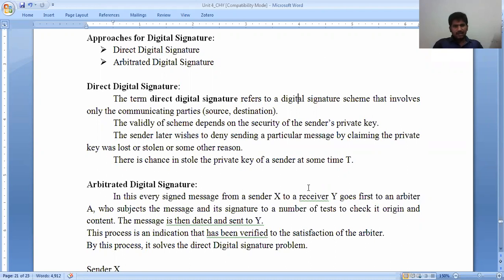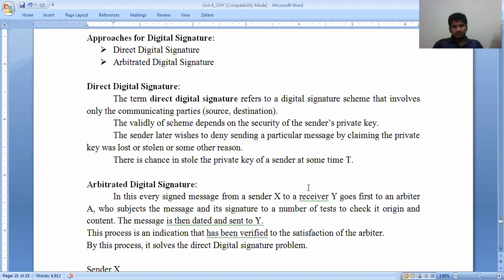Then what is an arbitrated digital signature? In this, every signed message from sender X to receiver Y goes first to an arbiter A. So in between we have a third party broker for securing our messages.